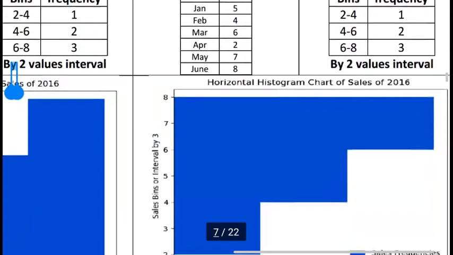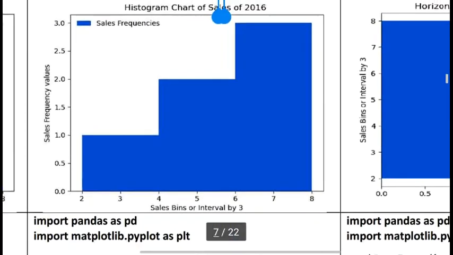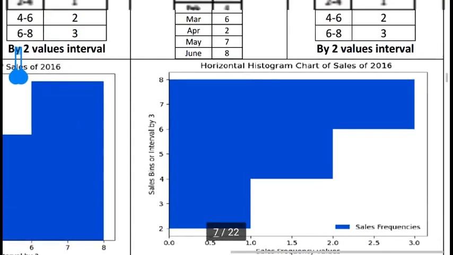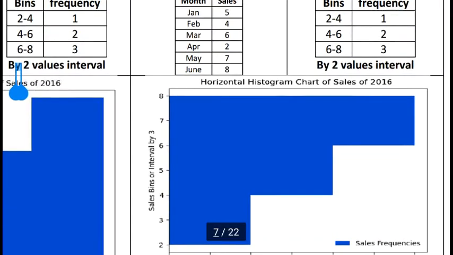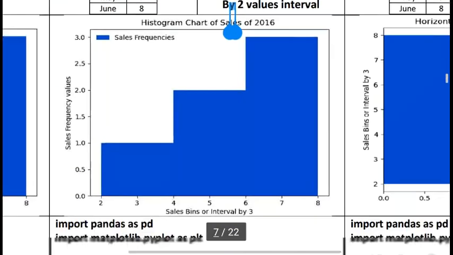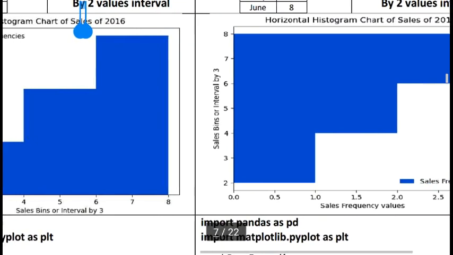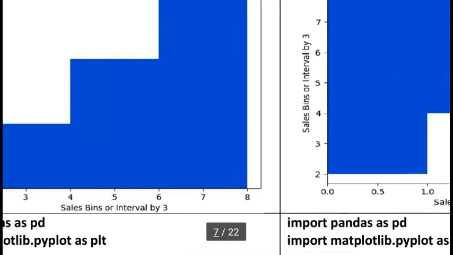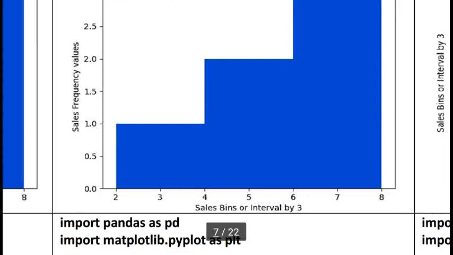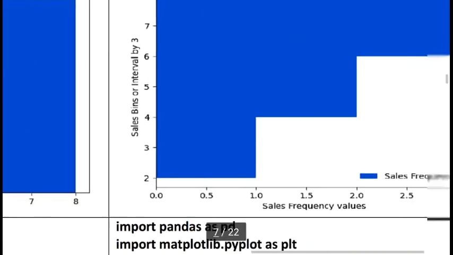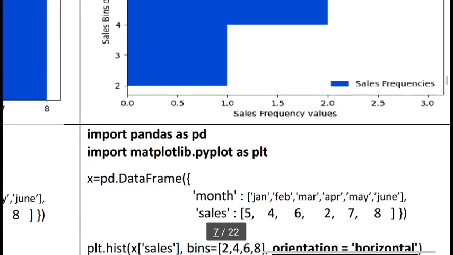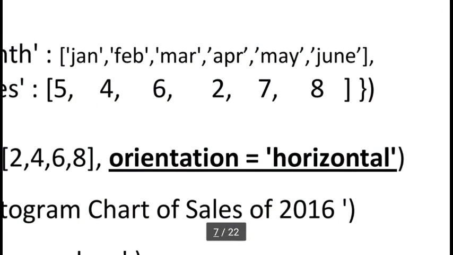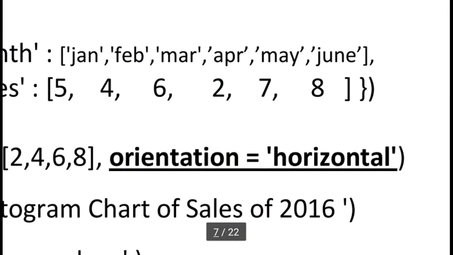Suppose this is our chart, but I want to convert it into horizontal form. Simple. The last chart will be converted into horizontal form, meaning all the cells intervals on the Y axis and all the frequency on the X axis. Here I am using only one thing, orientation equal to horizontal.